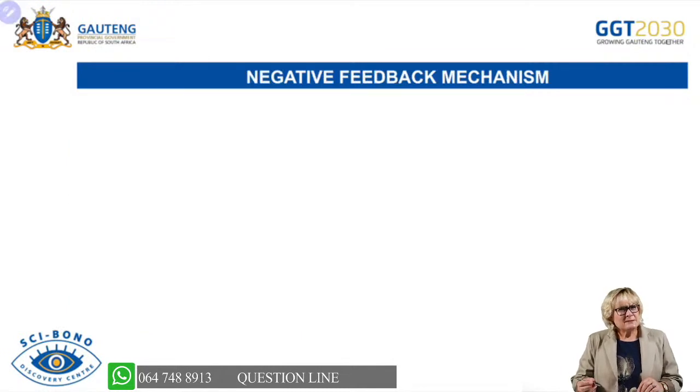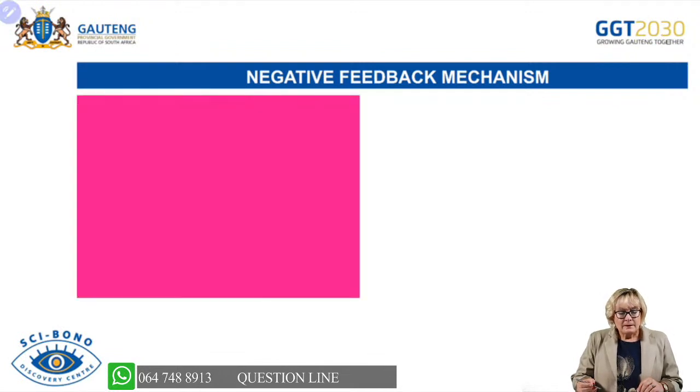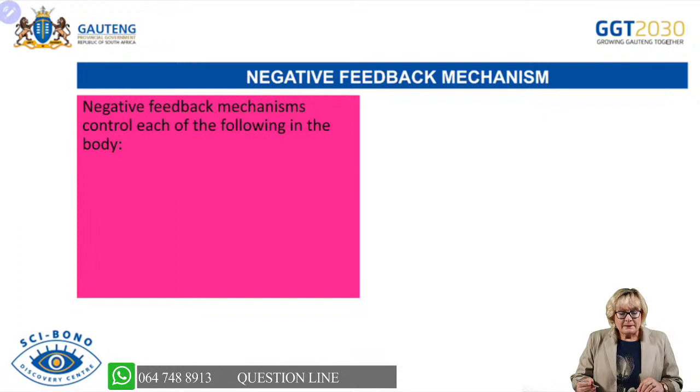What is this negative feedback mechanism that we are referring to? Negative feedback mechanisms control each of the following in the body, and you have only learned about the following this year. You have learned about blood glucose levels, and you did this when you did the digestive system.